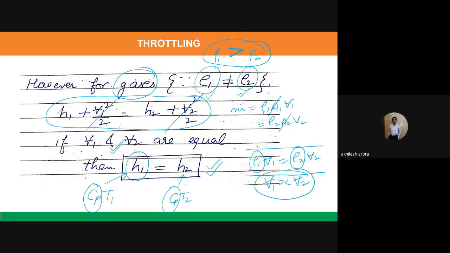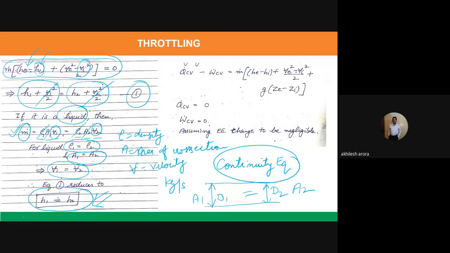So this Cp and Cp will cancel out, and finally I get T1 is equal to T2 in case of a gas. This is not valid in case of liquids. In case of liquids, I said that H1 is equal to H2, but I never said that T1 is equal to T2. So this is not valid in case of liquids. This you need to remember.